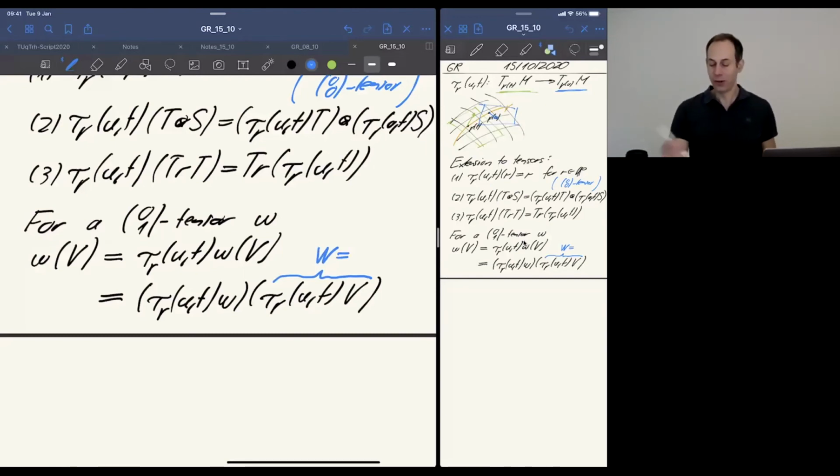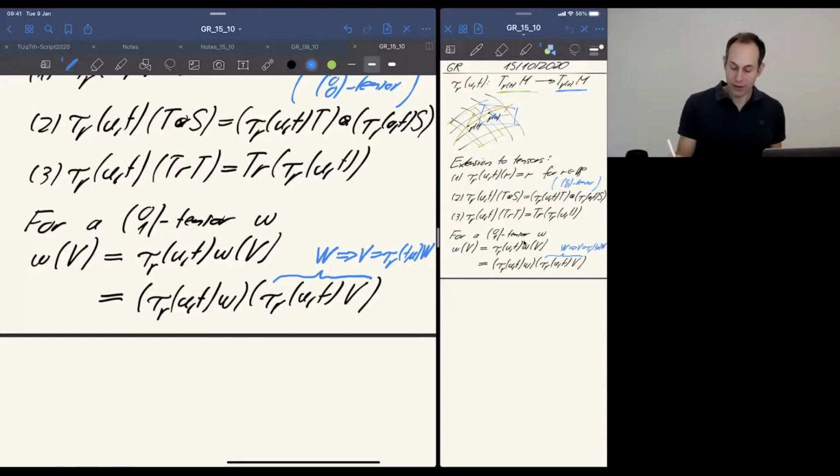It's just the inverse transform. And the way to do that would just be to say, this means that v is equal to the inverse of this tau map, but the inverse is just obtained by changing the order of the arguments t and u, applied to w.